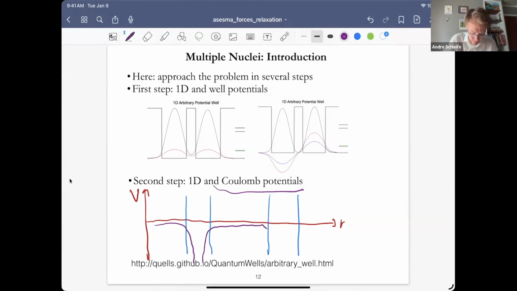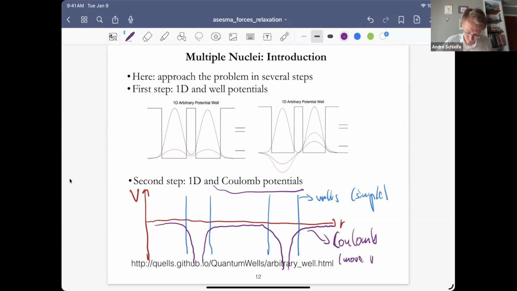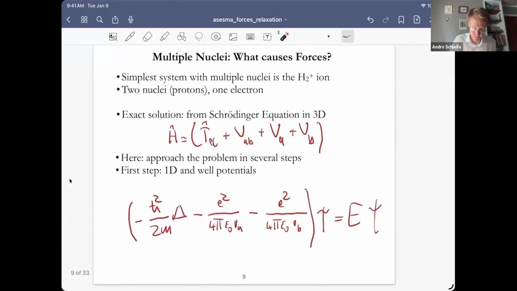And this. So blue are wells. This is simpler. And this is Coulomb potentials. And this is more realistic. Sorry, typo. And in particular, so this would be our wave functions that solve this equation.